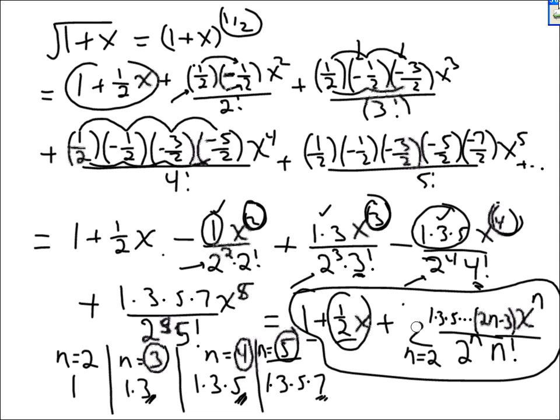So let us sneak in a -1 to the appropriate power. So it's the summation, n goes from 2 to infinity, -1 to some power. Well, when n is 2, you want the sign to be negative.